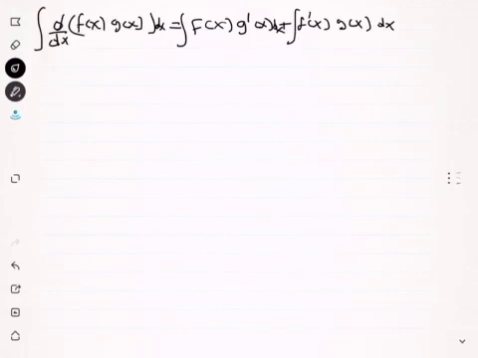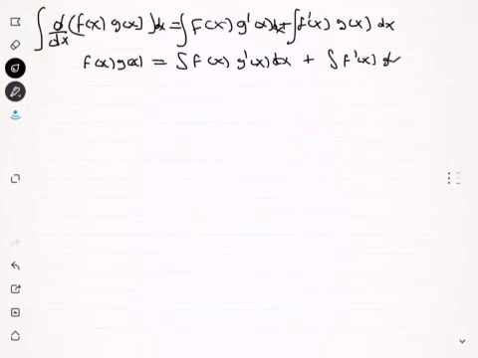Then you integrate both sides of this equation with respect to x. So then on the left hand side you just get f of x times g of x, and on the right hand side you just get the integral of f times g prime with respect to x plus the integral of f prime times g with respect to x.